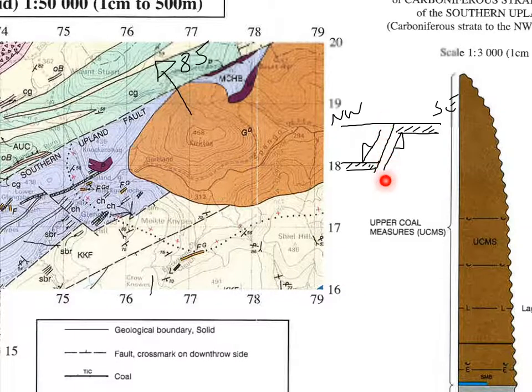There's a gap down the middle, and the hanging wall has gone down as well, which is also characteristic of a normal fault. So what they wanted you to tell you was the down throw side is to the northwest and it's a normal fault, and it strikes northeast to southwest.